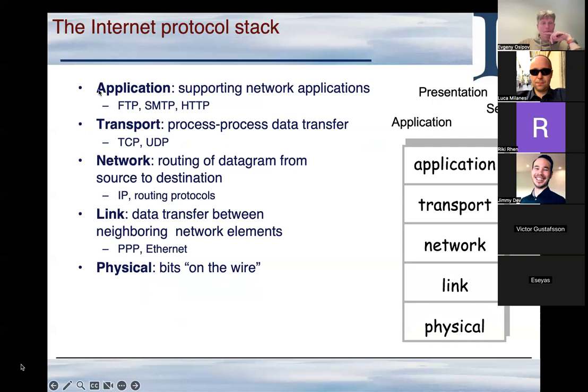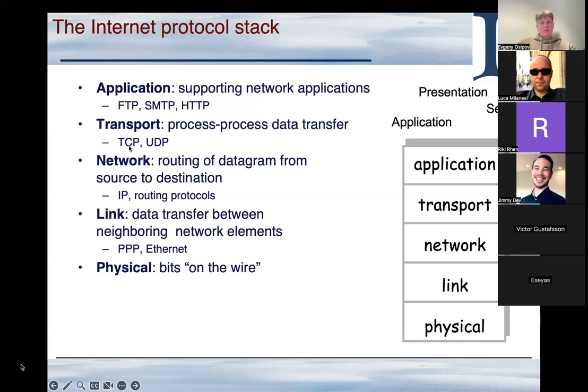Starting from top to bottom, we have the application layer. Here we have all the software that actually uses communications, like web browsers, messengers of different kinds, file transfer applications and such, emails.